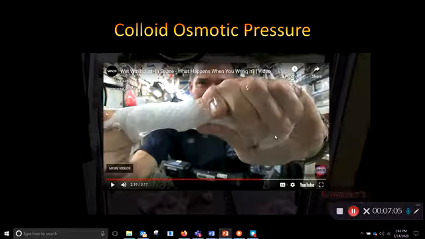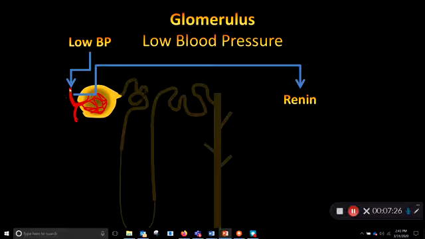Now, let's talk about the different things that affect that filtration rate, those hormones that have a role in it. For instance, at the glomerulus, the blood capillaries sense low blood pressure. The cells around these arterioles will release renin, a hormone.